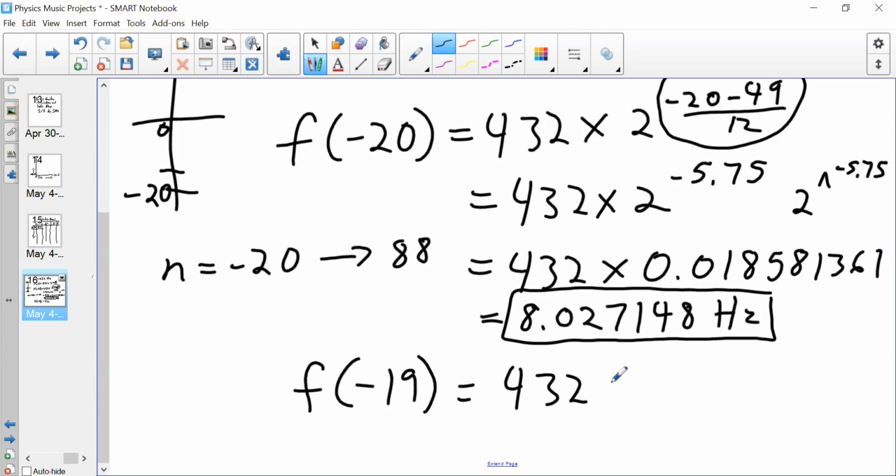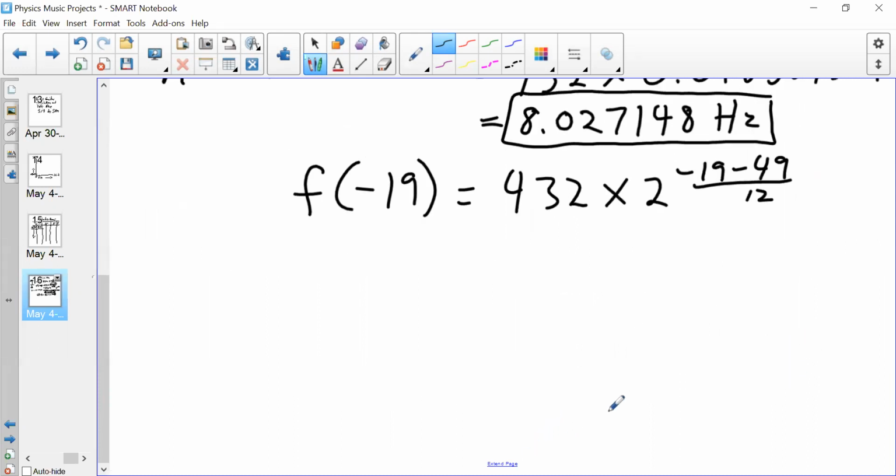equals 432 times 2 to the -19 minus 49, over 12. So that's going to be 2 to the -5.667. I'll just do that.